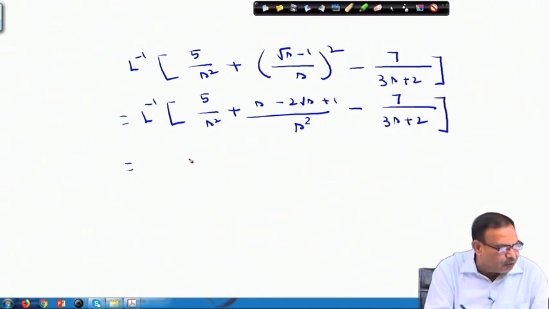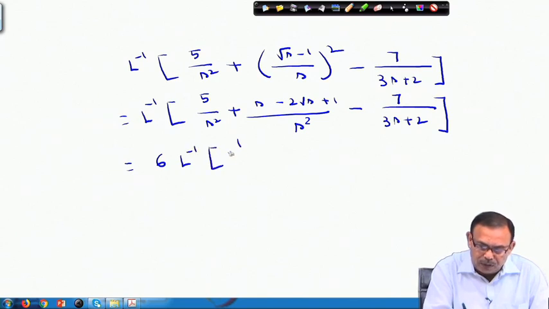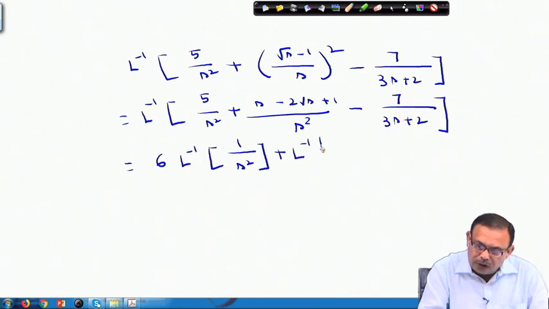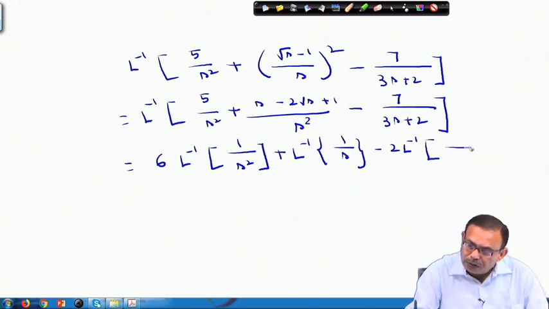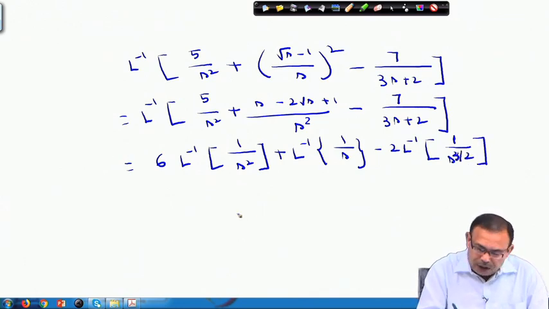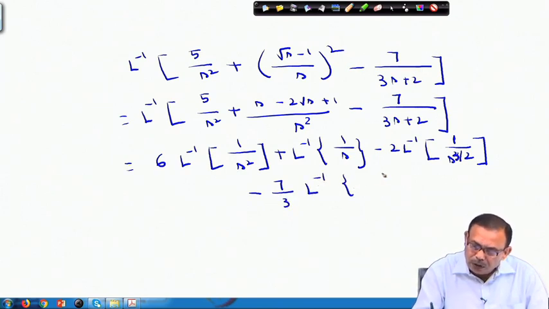So, if I break it into two parts here, it will become 5 plus 1, 6 Laplace inverse of 1 by s square, plus Laplace inverse of 1 by s, minus 2 Laplace inverse of 1 by s to the power 3 by 2, minus 7 by 3 Laplace inverse of 1 by s plus 2 by 3.